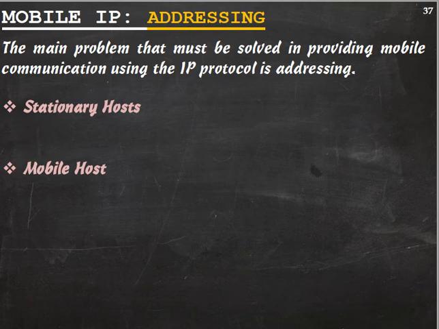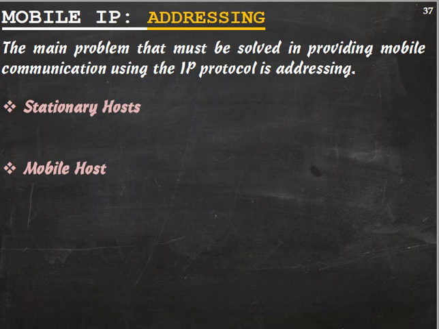The second type of host is the mobile host. When a host moves from one network to another, the IP addressing structure needs to be modified because it is moving. Mobile means moving. There are a few solutions to this.